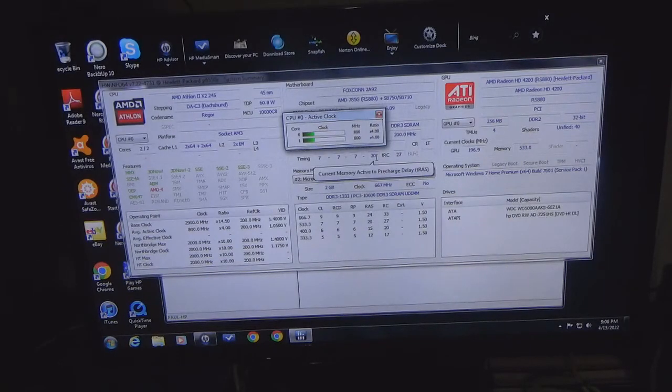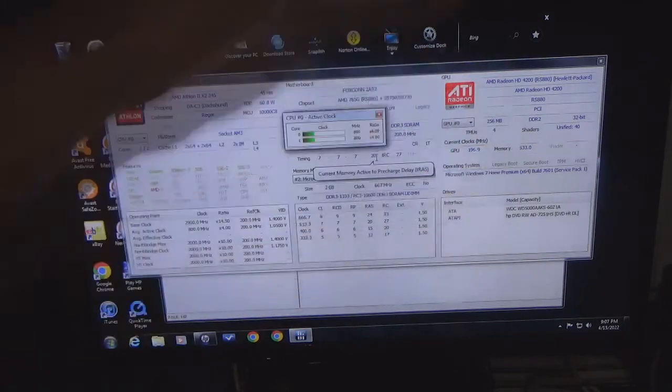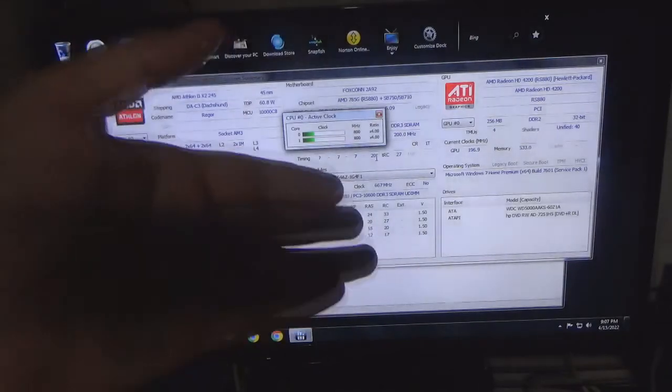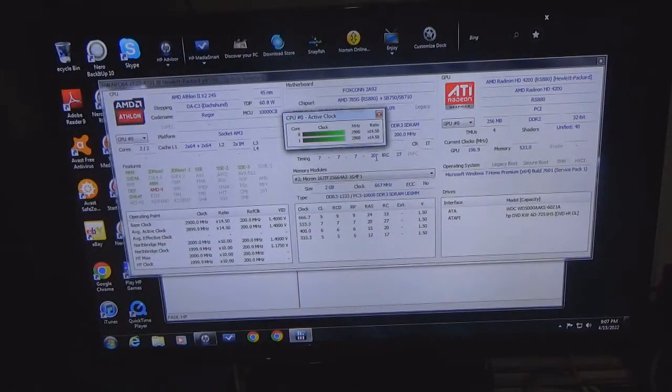So it's 256 megabits. The card is running DDR2, and it's 32-bit. I am going to actually change it. I'm going to put in a different card that has DVI, HDMI, and VGA. The factory card on here has DVI.